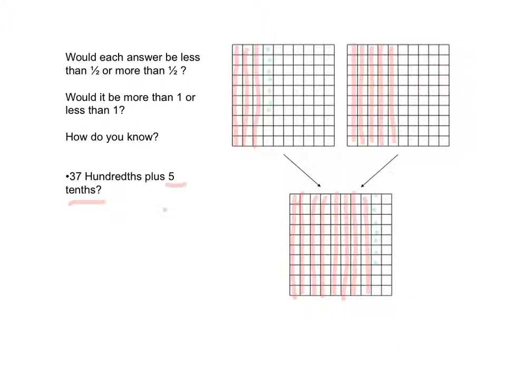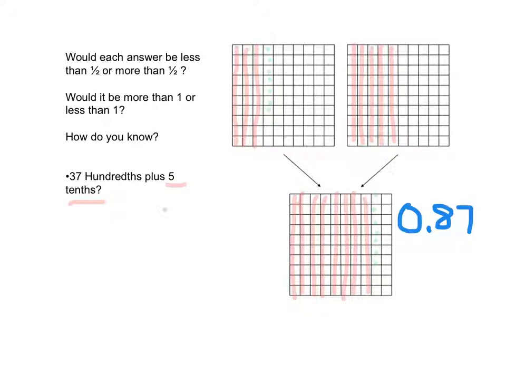And now we can see for total we have 0 as a whole, and then we have 8/10 and 7 hundredths. So this is how we show our addition using models.